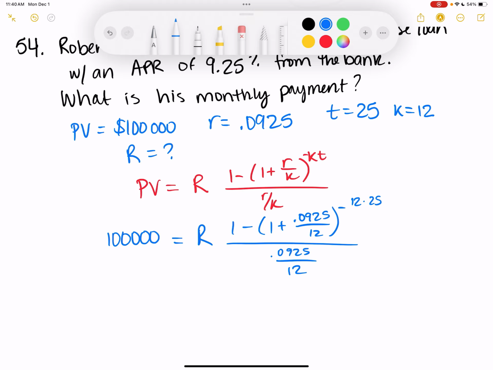Because I'm solving for big R, I can multiply by the reciprocal of this, essentially canceling everything out. This is just flipping this whole fraction over to solve for it.